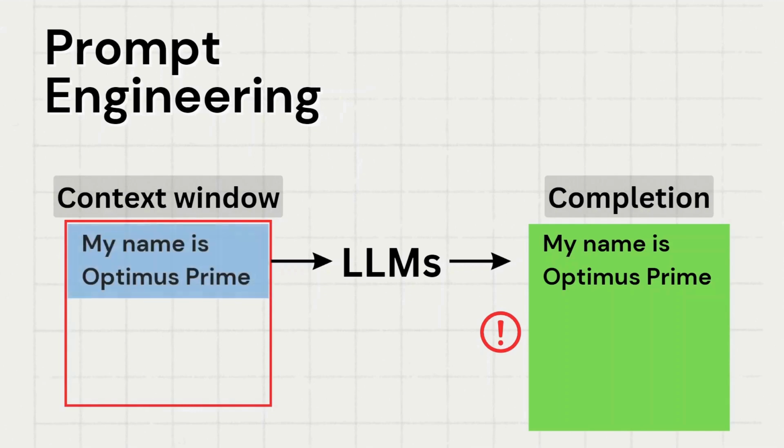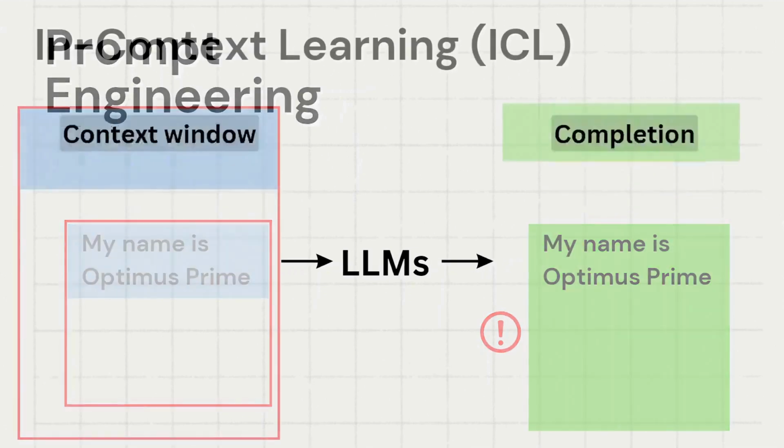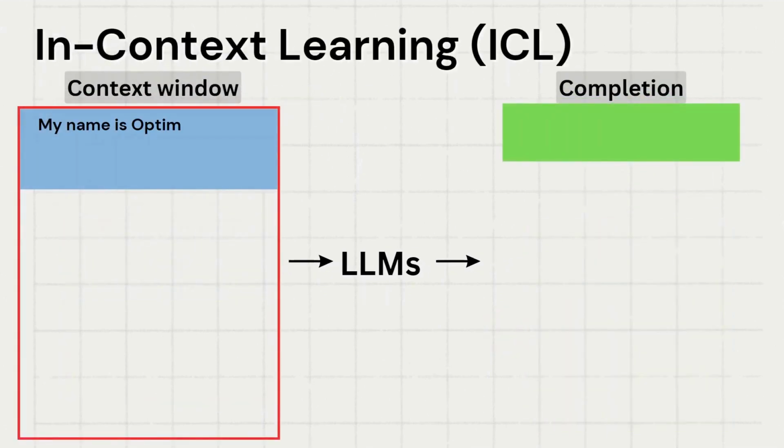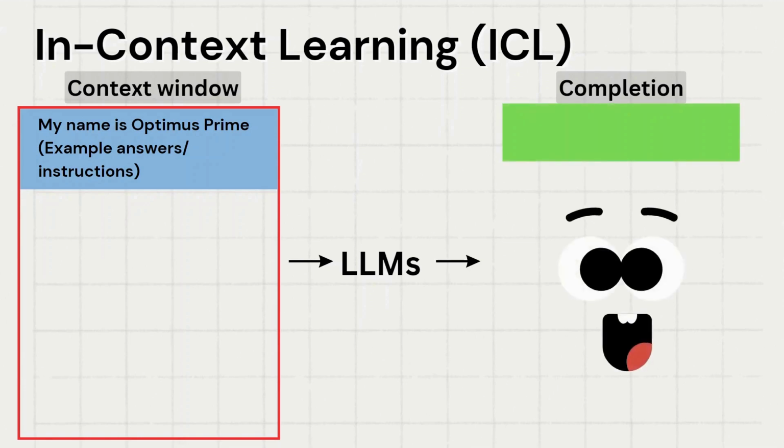There are several techniques available, but one of the most powerful strategies is in-context learning. In this technique, when you provide the input in the context window, you also provide example answers or some hints or instructions so that the LLM model could understand what it needs to predict in the output.